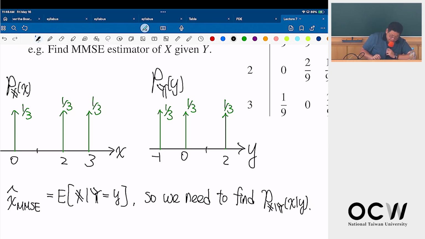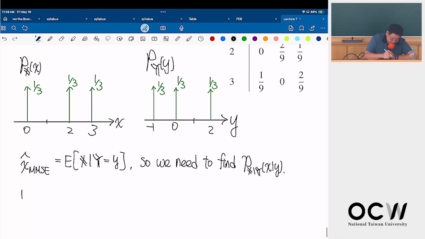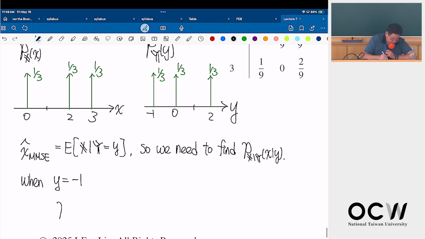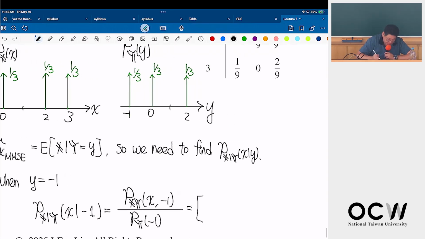First, when Y equals -1, what is the conditional PMF? The conditional PMF of X given Y equals -1 is the joint PMF of X and -1 divided by the PMF of Y at -1. So we get 2/3, 0, and 1/3.